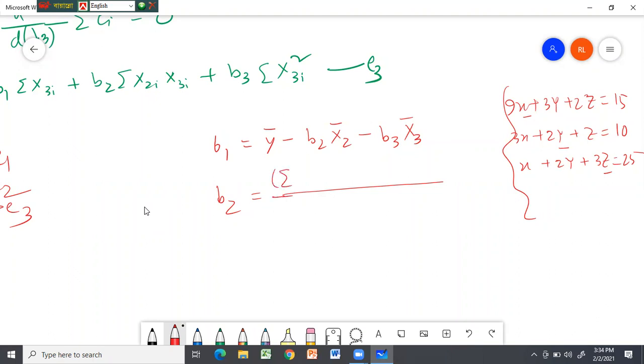With the summation of small yt into x2t. T is for the time. Sometimes your data set will be given as time series data, sometimes as cross-sectional data, sometimes as panel data.